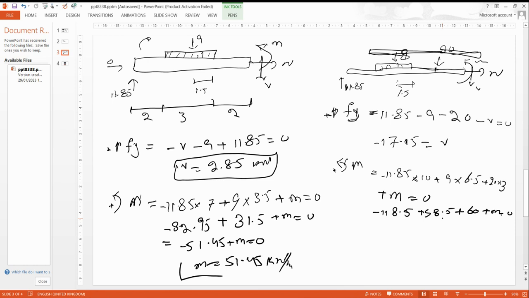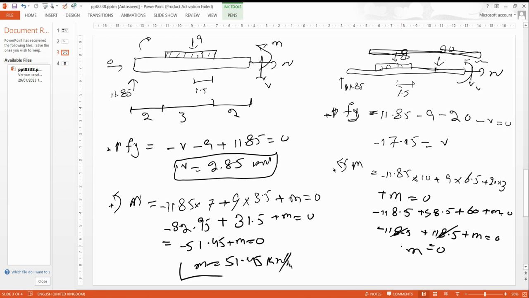So 58.5 plus 60 is 118.5, so it's negative 118.5 positive 118.5 plus M equals 0, so M will be equal to 0. The moment at the end point is 0.